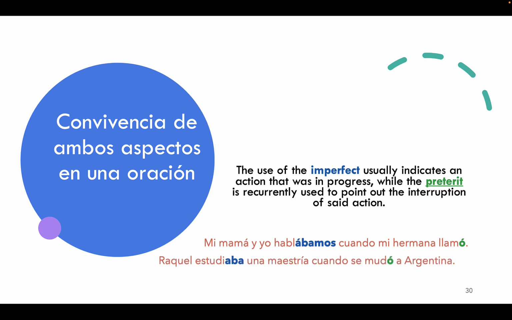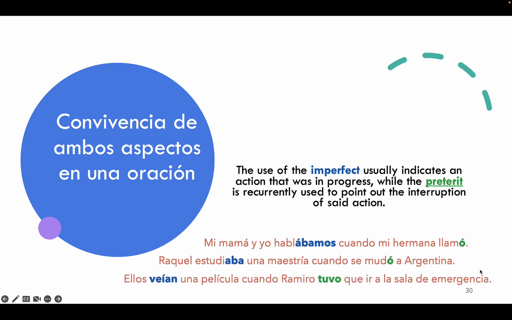Ejemplo 2. Raquel estudiaba una maestría cuando se mudó a Argentina. Raquel was studying an MA when she moved to Argentina. Although we are not directly saying it, this sentence is very much implying that studying such degree was interrupted, perhaps momentarily or perhaps for good, by the event that Raquel had to move to Argentina.